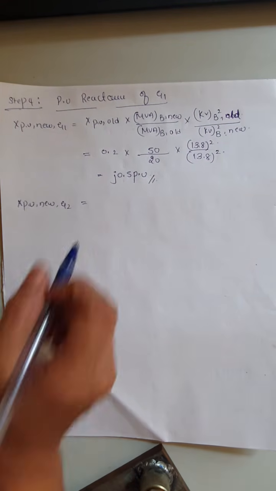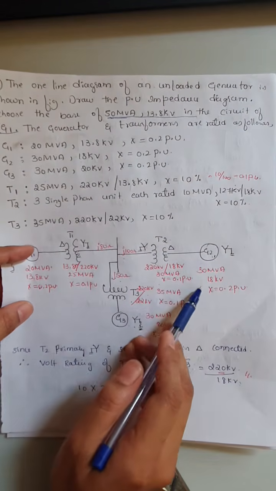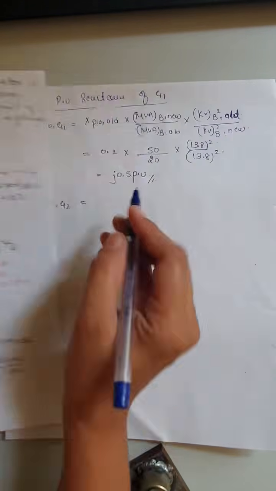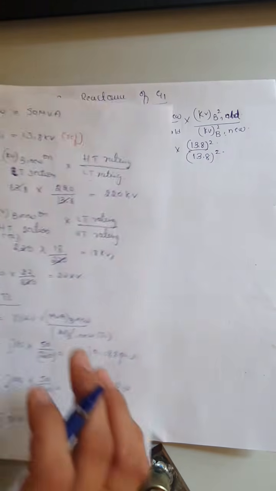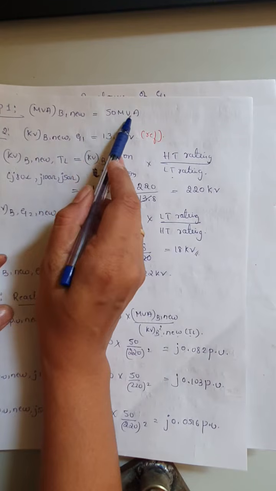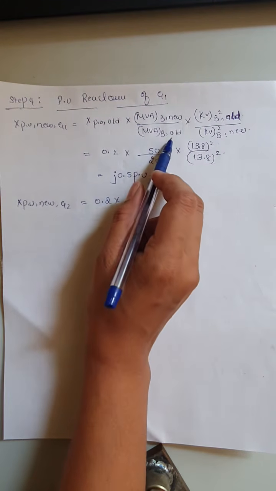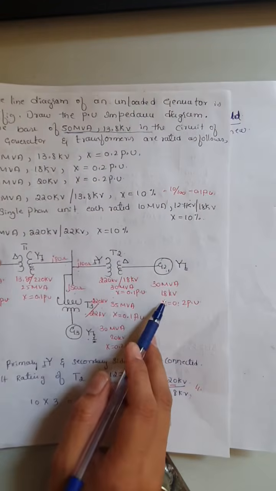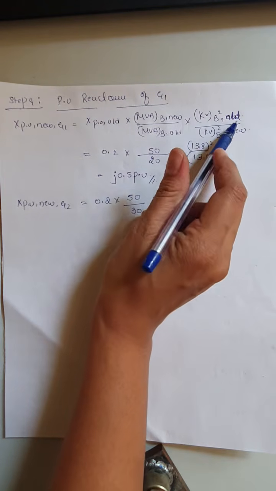Now for generator 2, X per unit old value. Old value means the given value, it is 0.2 per unit, multiplied by MVA base new, that is step 1 value 50 MVA, divided by MVA base old. Old means given value, 30 MVA for generator 2, multiplied by kilovolt base square old.